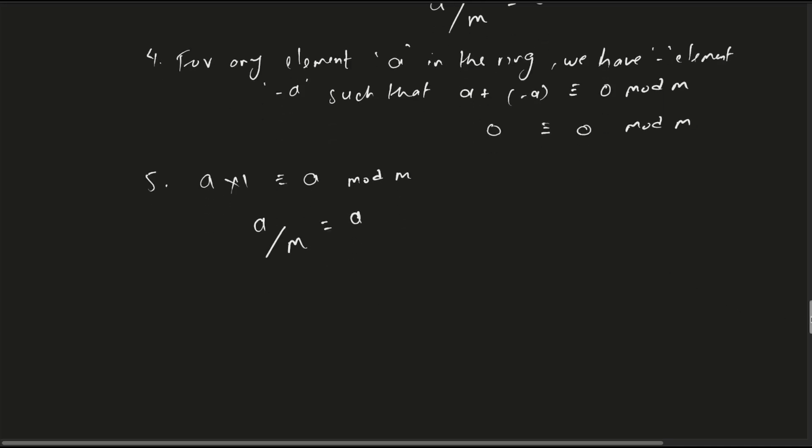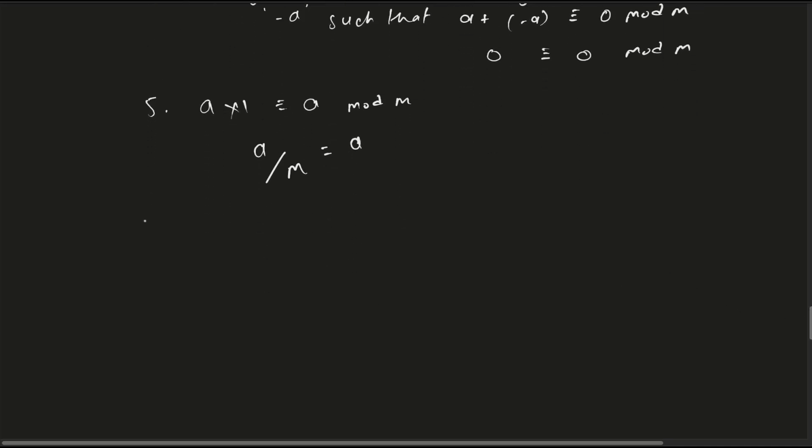So let's look at another property, and that is the multiplicative inverse. The multiplicative inverse exists only for some elements.